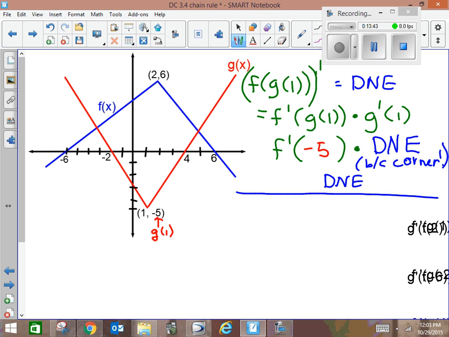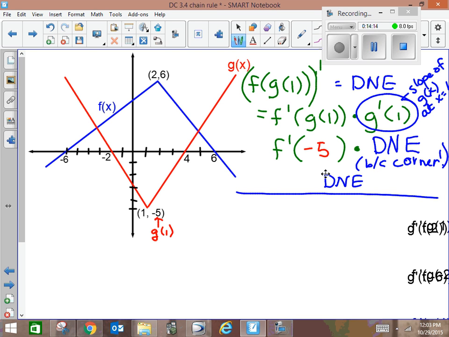But good job catching that. 0 and DNE, that's a big difference, so be careful. 0 would be a horizontal tangent. But remember, this means the slope of the g function at x equals 1. You've got to keep saying that to yourself, because that's the kind of thing that will help you remember, oh wait, I can figure out the slope here.